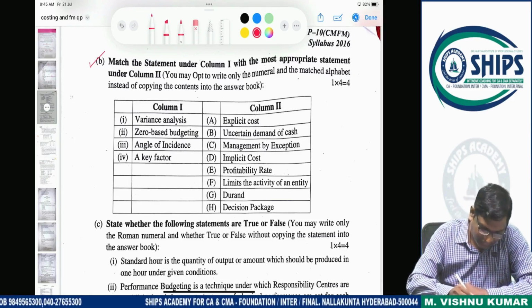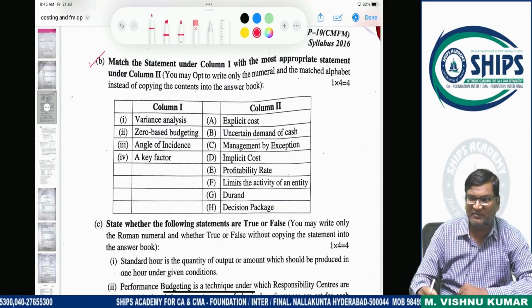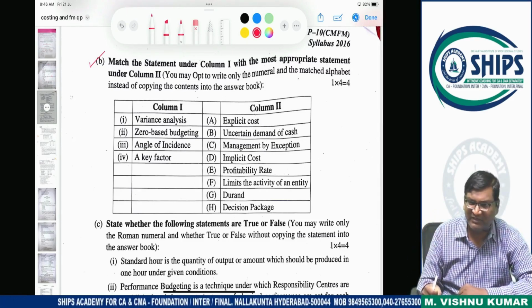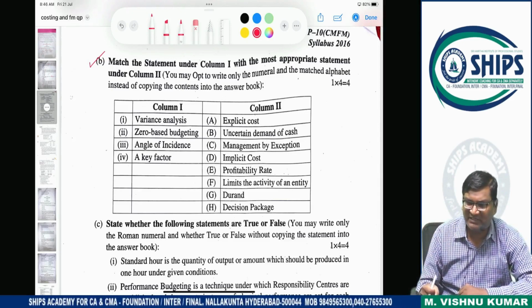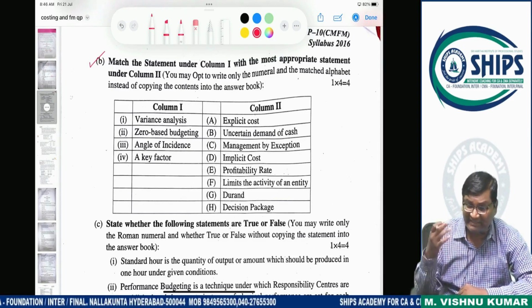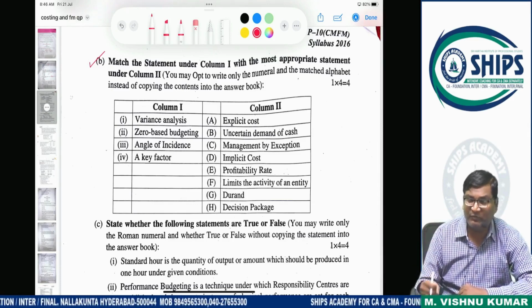So variance analysis. In standard costing, in our regular classes, the first point which I share with the students is what? Standard costing is a costing technique in which actual cost and standard cost will be analyzed, and this is done by managerial level people.